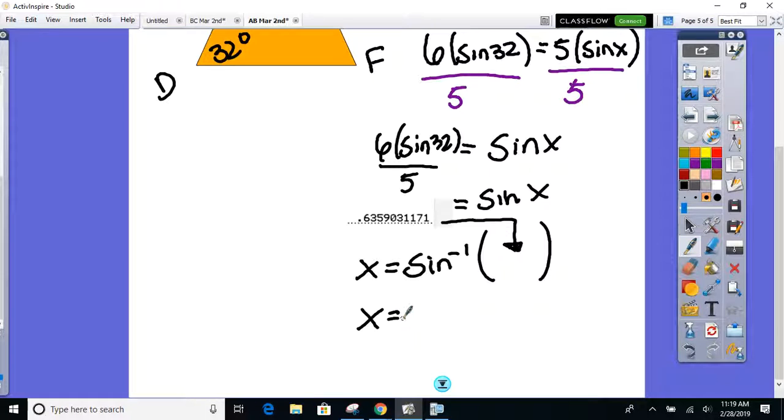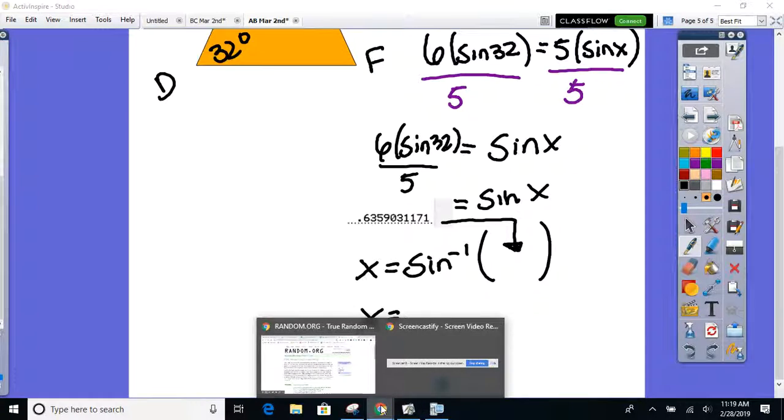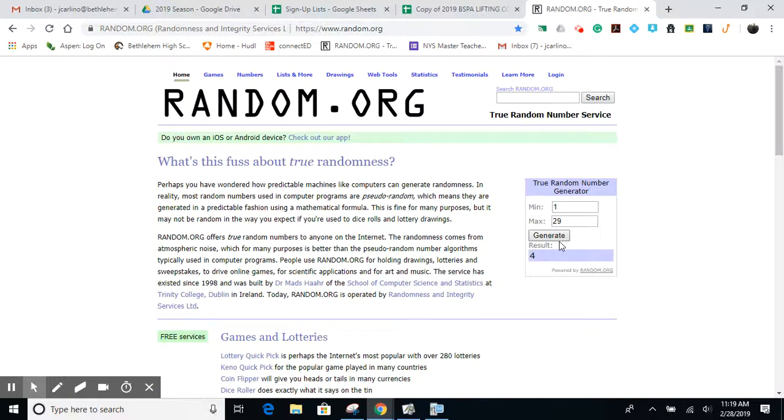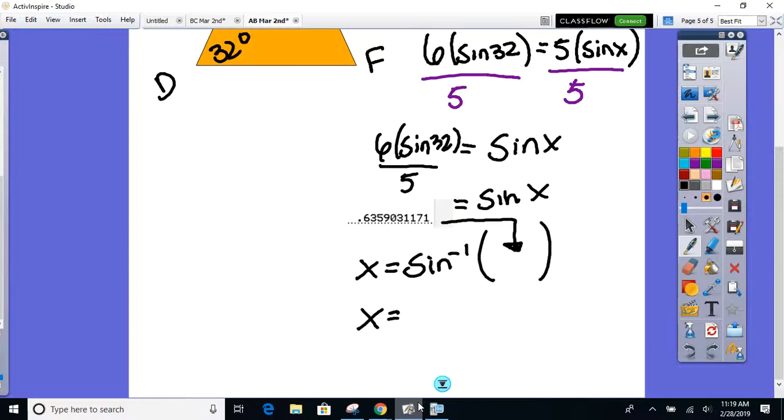I said I didn't put directions, did I? Nope. Let's go nearest degree. Nearest degree. You're not going to have a decimal angle. Never. What ends up being nearest degree? That's because it's got to be sine of -1 of all of this. You hit sine of -1, so inverse sine right now.